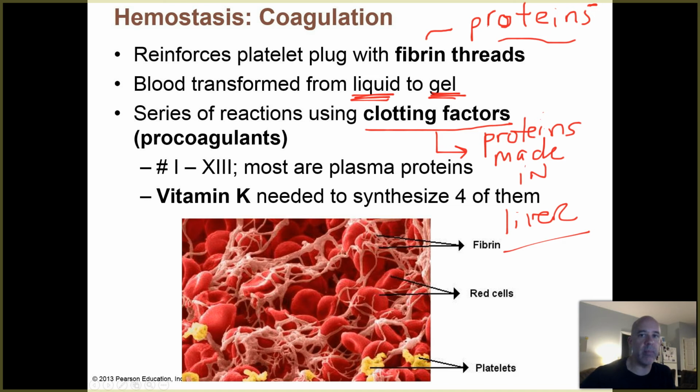All right, so in the blood, circulating all of the time, you have these clotting factors, but they're in the form of procoagulants. Pro means before coagulants.